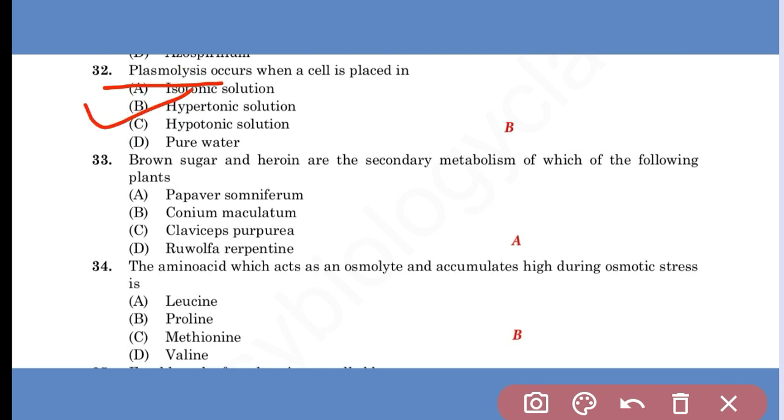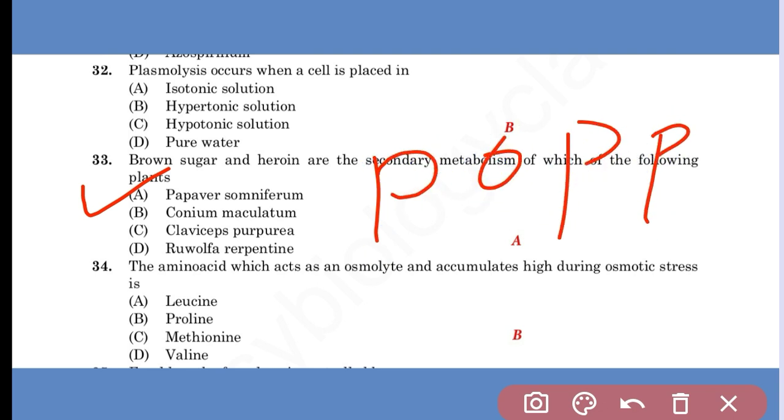The next question, brown sugar and heroin are the secondary metabolic product of which of the following plants? The answer is Papaver somniferum, also known as poppy. Poppy is a common name for this plant, Papaver somniferum. Brown sugar is an adulterated form of heroin.